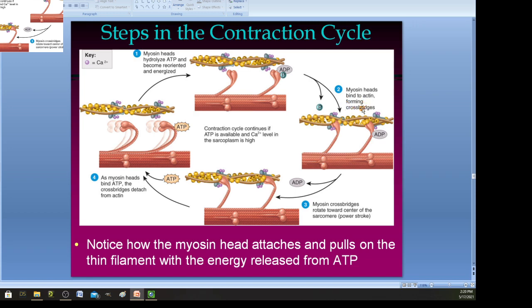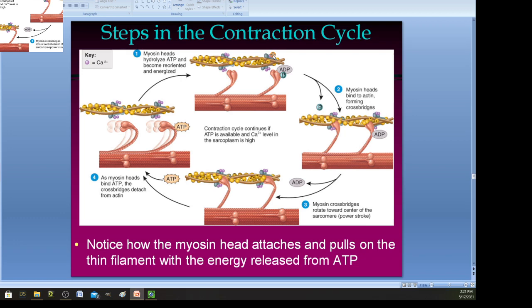That's a cross bridge. And then the energy slides the two. That's a power stroke. And then we've used that energy. A new ATP jumps on, breaks off the myosin head. And we continue to perform this contraction cycle over and over and over again as long as we have ATP and calcium.